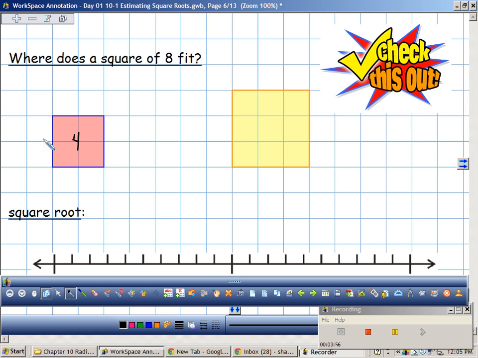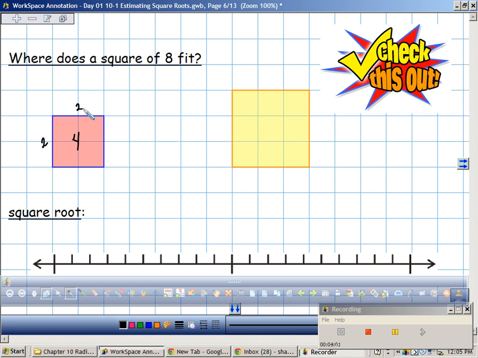So what's the side of the square? A 2 by 2. And what's this square? It's a 3 by 3, which makes it 9. So where does 8 fit? In the 9?